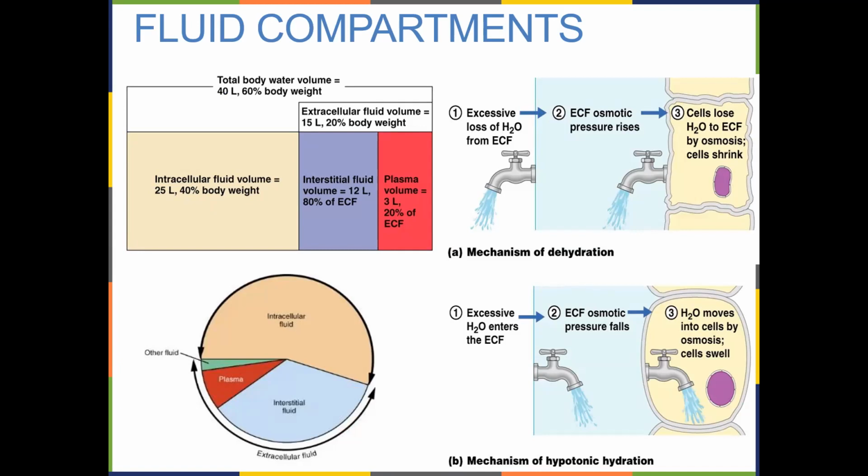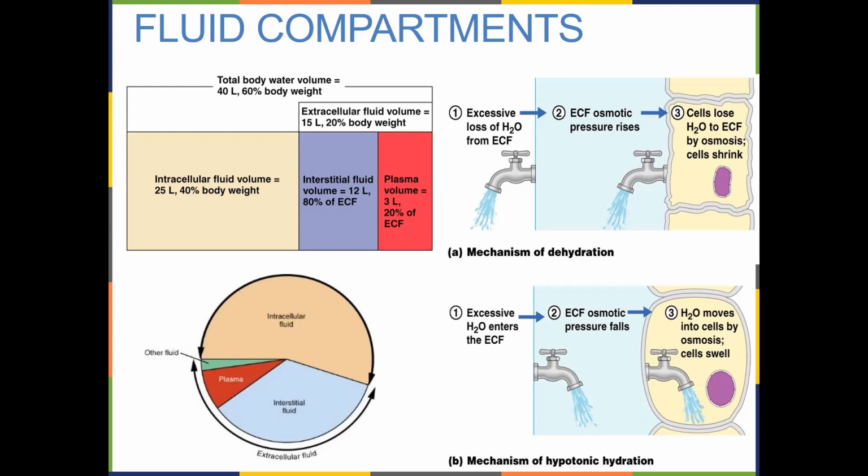As adults, we're about 60 to 70% water. So about 40 liters of water, and 25 liters is found inside the cells. The remaining 15 liters is divided between the plasma and the interstitial fluid, with only 3 liters found in plasma, only 3 liters in plasma.